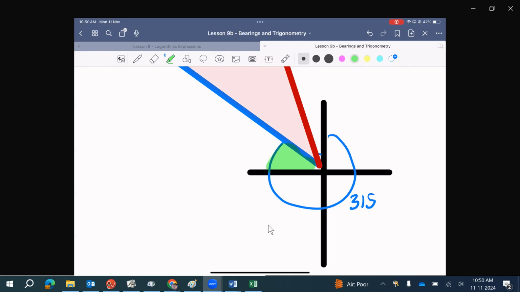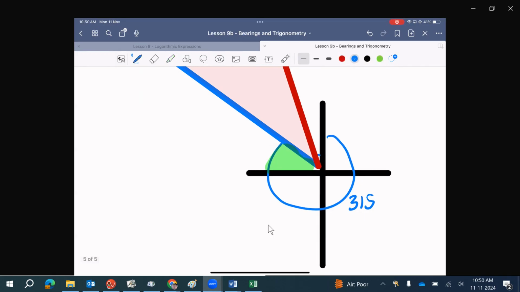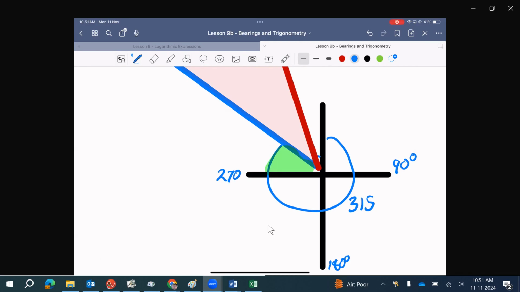Well, the points of the compass, this one is at 0, this one is at 90, this is at 180, this one is at 270. So the difference between 315 minus 270 is 45 degrees. So this angle here is 45 degrees.